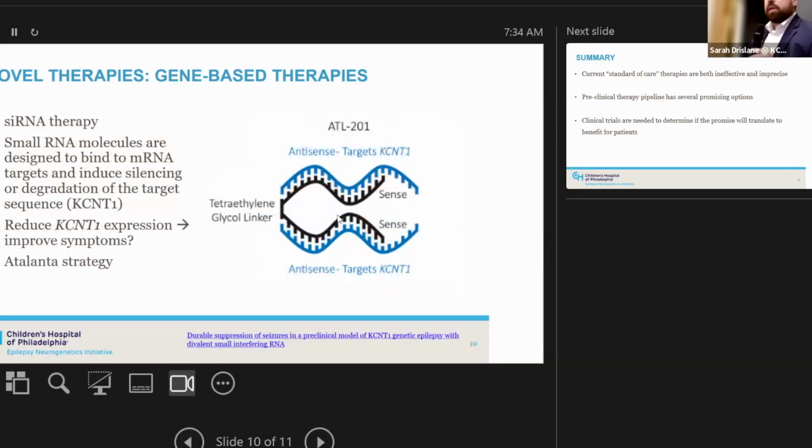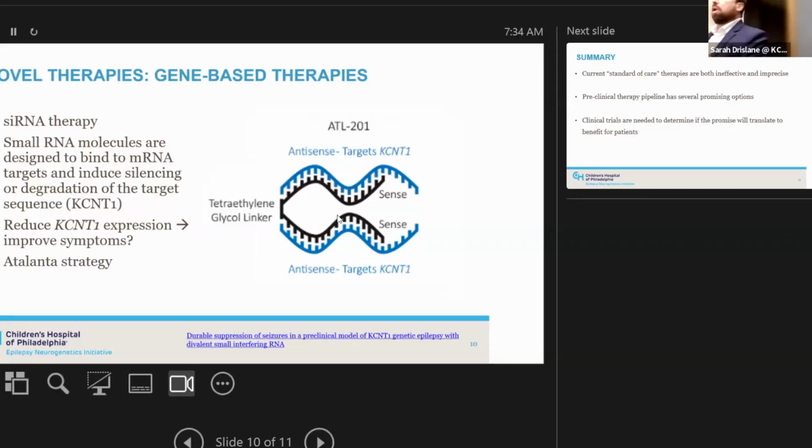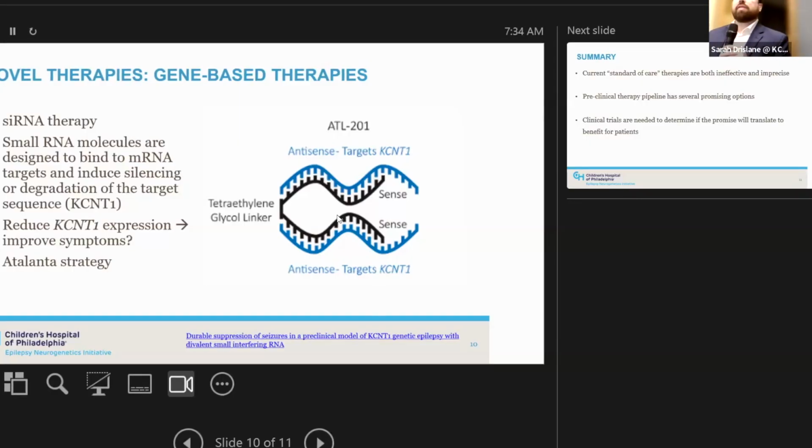And then there's a concept that functions a little bit differently, siRNA, or small interfering RNAs. These are RNA molecules designed to also stick to messenger RNAs in the cell in a slightly different way, which leads to that individual message being downregulated or degraded so that it doesn't end up turning into protein.